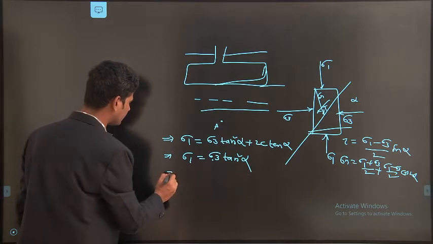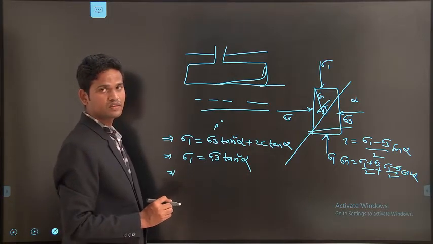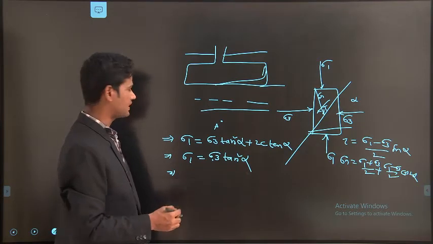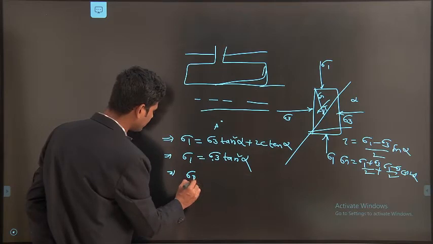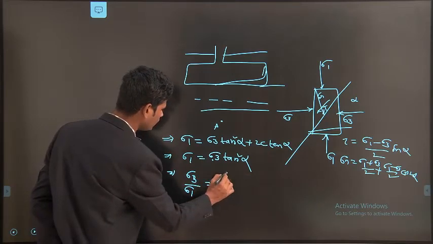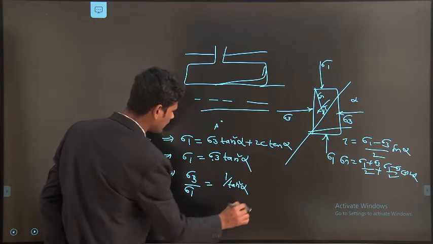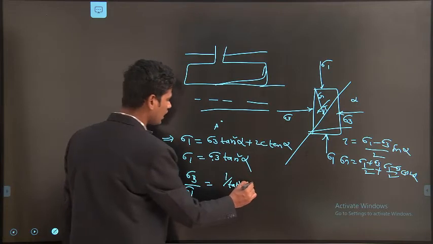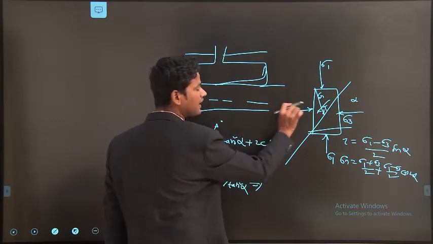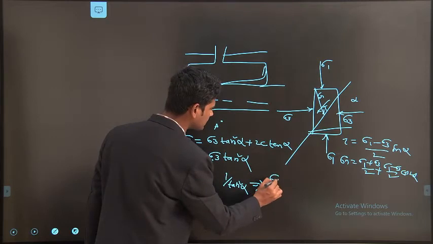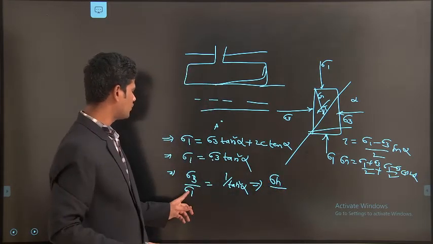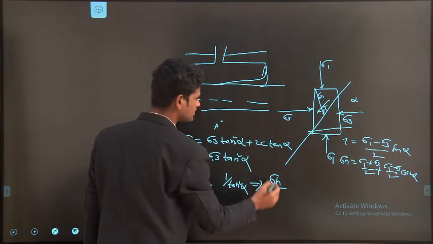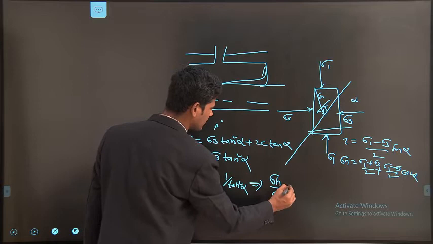From this, we have the formula for the ratio of the horizontal earth pressure to the effective vertical pressure. That means sigma 3 divided by sigma 1 equals 1 divided by tan square alpha, where sigma 3 is the minor principal stress, which is the horizontal earth pressure sigma h, and sigma 1 is the vertical pressure sigma v.